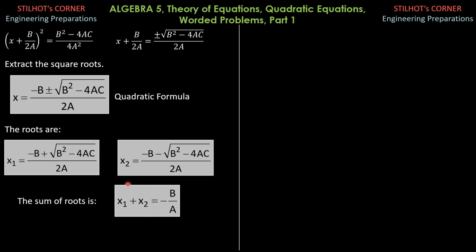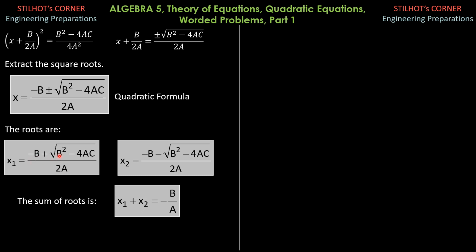Then the product of the roots, if you have these conjugates, so it is negative b quantity square, which is b squared, then minus quantity, the radical sign is removed. So negative b quantity square is b squared, then minus, because we have plus and minus here, minus quantity b squared minus 4ac all over 2a squared or 4a squared.